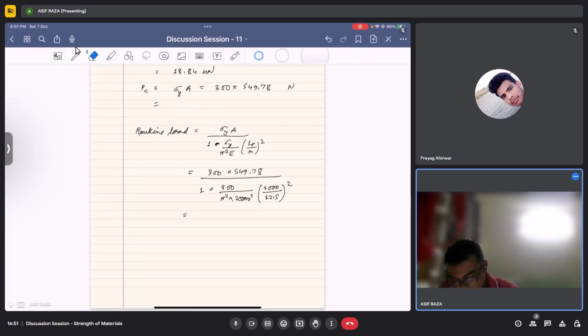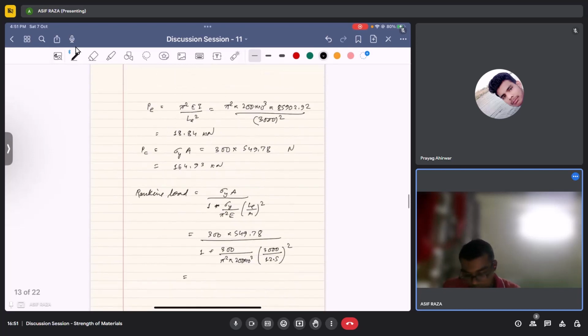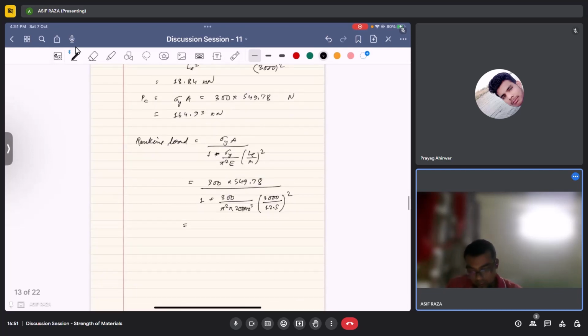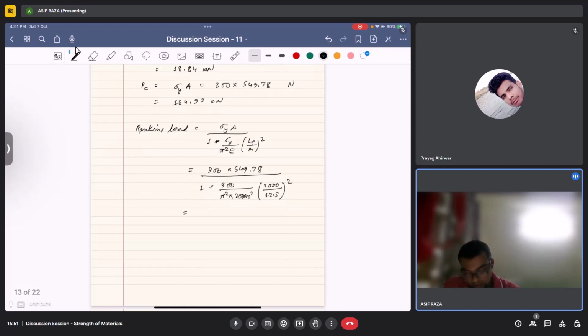Okay, I made a mistake here. It was 164.93 kilonewton. That's why the answer was coming abruptly. Nonetheless, let's calculate it the way I'm doing right now.